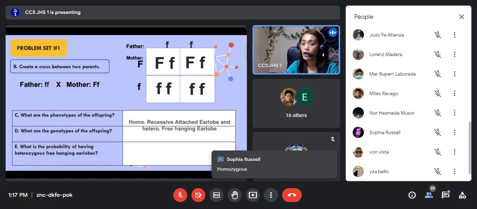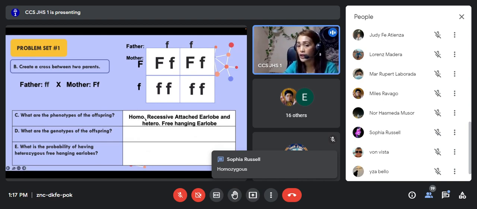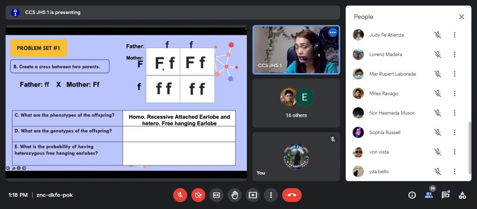So let's start with the homozygous: that's recessive, which means it's attached. While the heterozygous will have the free-hanging or detached earlobe, because again, what is manifested in the organism is the dominant allele. It's just a carrier of the recessive.